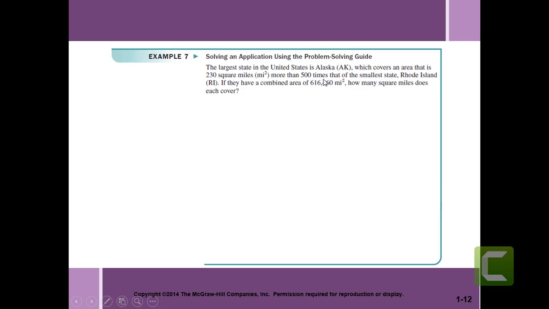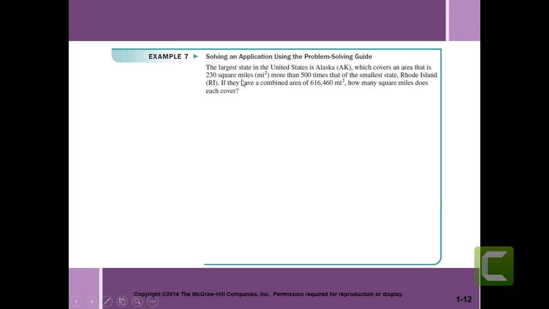It says 500 times that of the smallest state, Rhode Island, and we're talking about area here. So if we take the area of Rhode Island, multiply it by 500, then Alaska's area is 230 square miles more than that. More than what? More than this value. So we take whatever this value is, and we add 230 square miles.